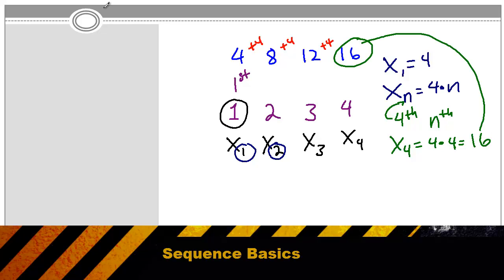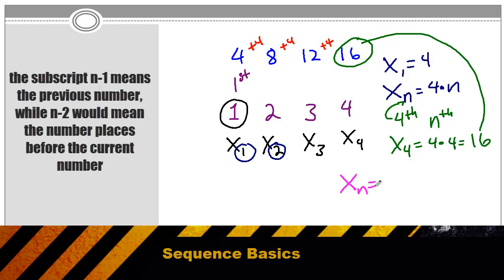I could also describe each number as it relates to the previous number in my list. So I could say any number in my list, x subscript n, is going to be equal to x subscript n minus 1 plus 4.